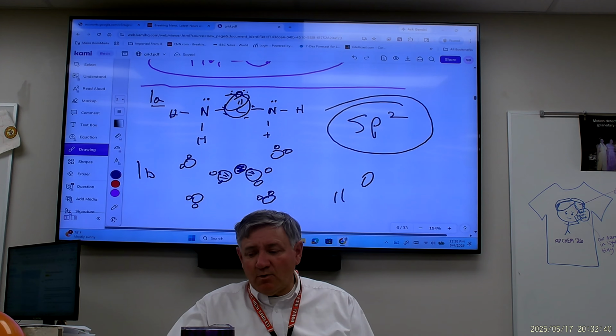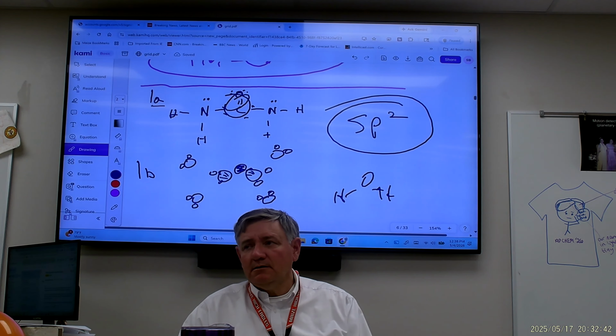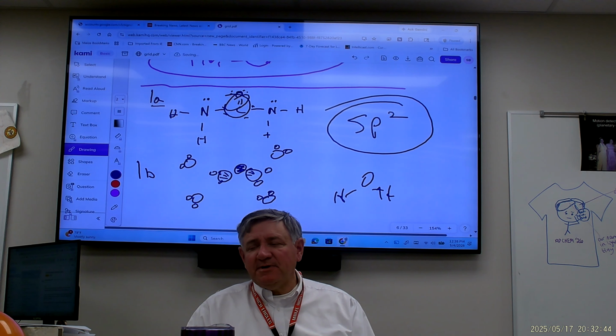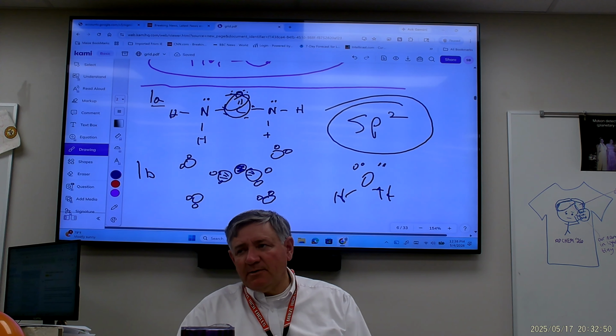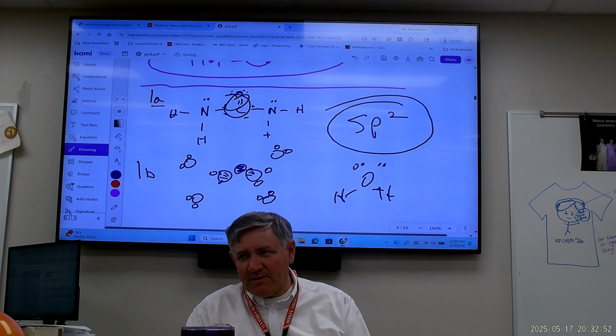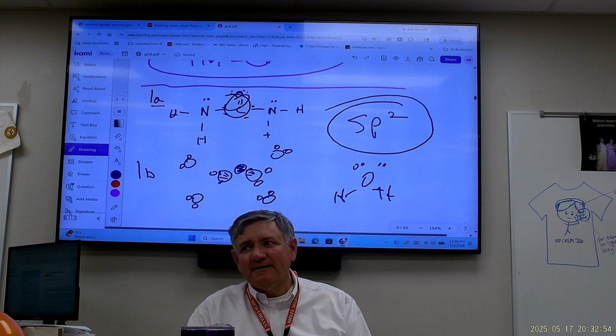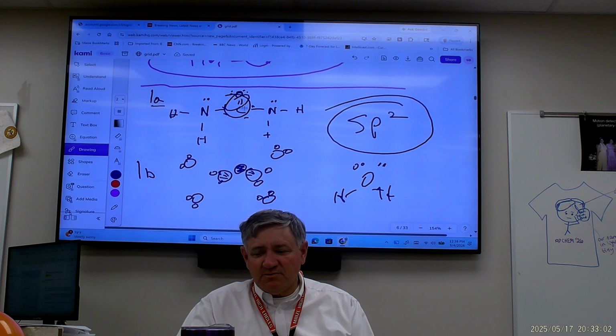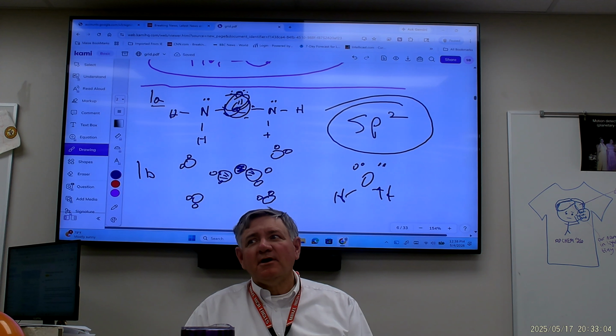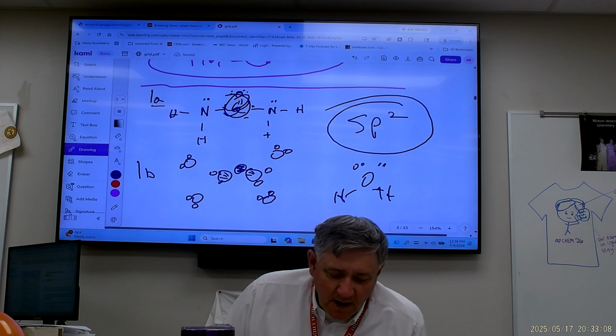If you look at water, that's sp3 hybridization on the oxygen, because it has a couple of unbound pairs of electrons up there. Your best bet is to count the number of regions of high electron density, which would be 1, 2, 3. That's sp2.